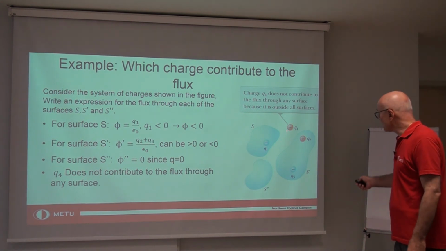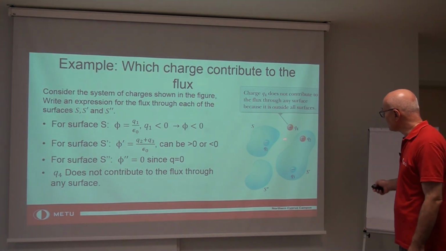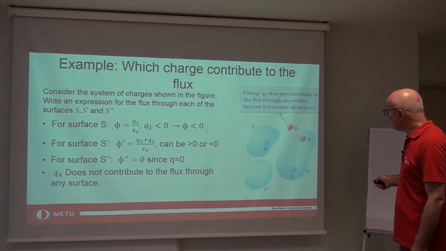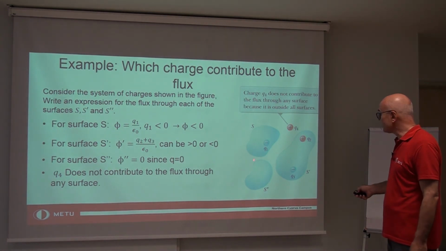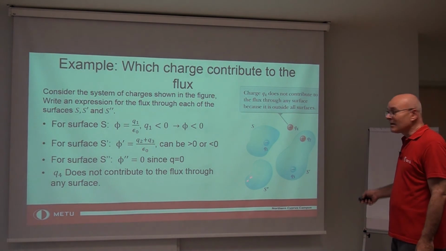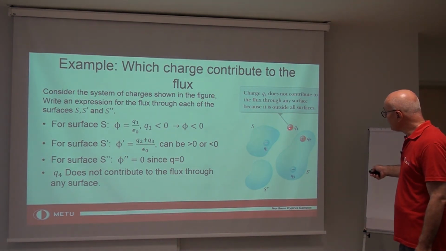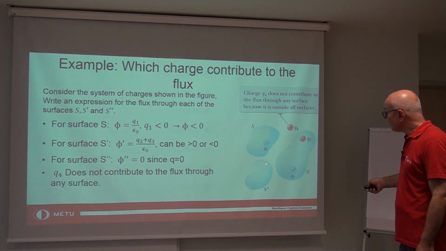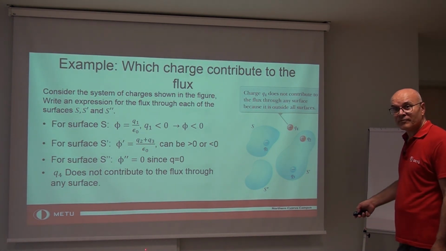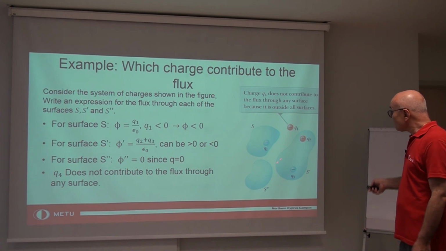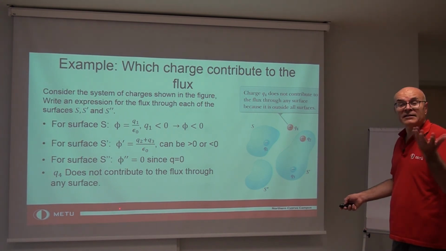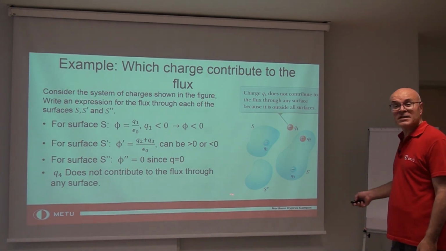So, for example, consider Q4 in connection with S double prime. The field of Q4 is felt at the surface of S double prime. But the field lines originating at Q4 enter and leave, and therefore they do not give a net flux through S double prime.